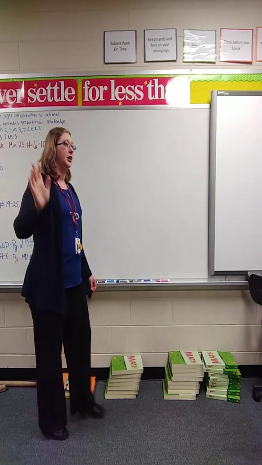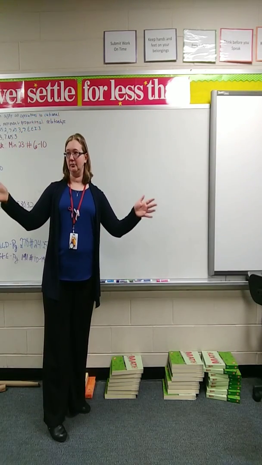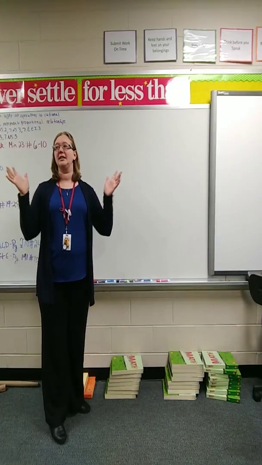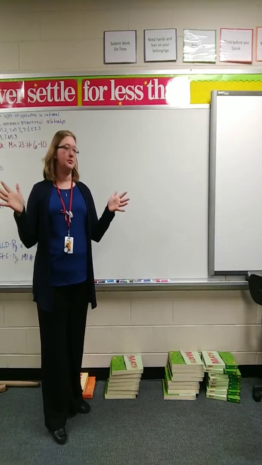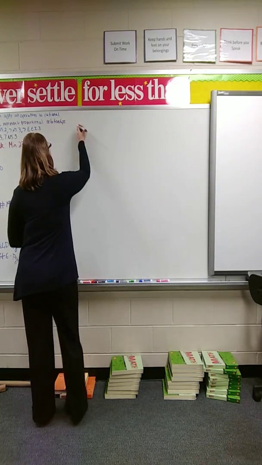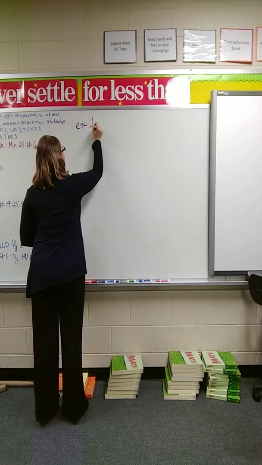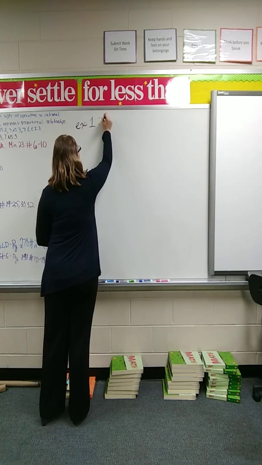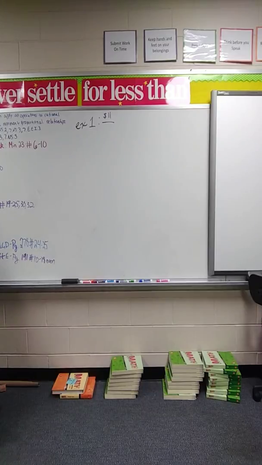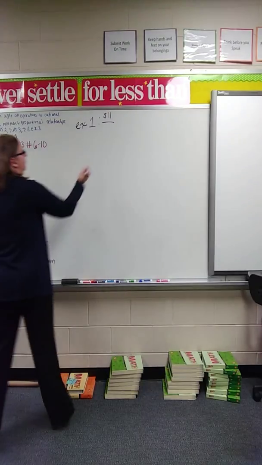All right, you know that there are 8 different sizes of boxes of Cheerios. Okay, there are like 6 different box options for Cheerios. So if we look at example 1, we're paying $11 for 4 boxes of cereal. Okay?